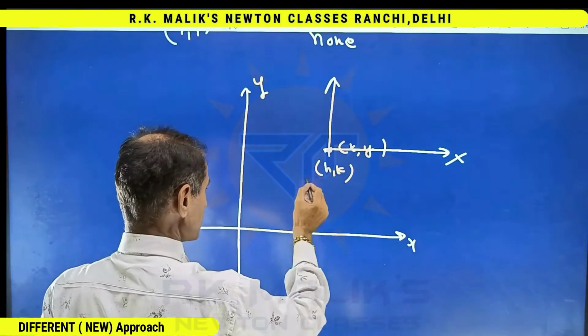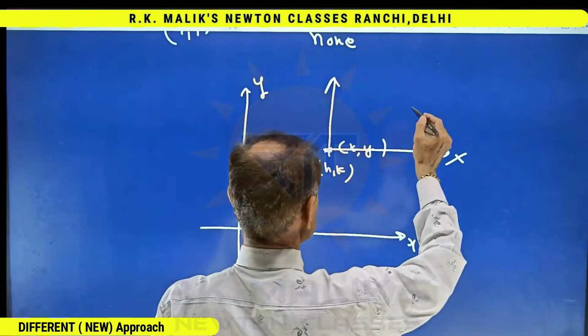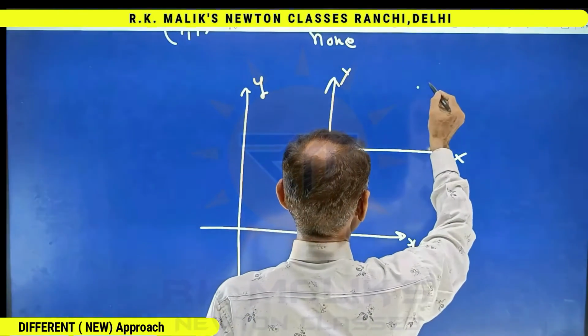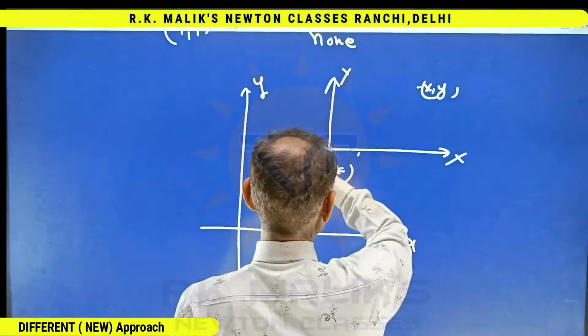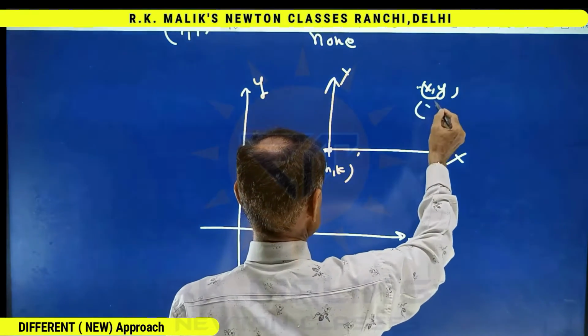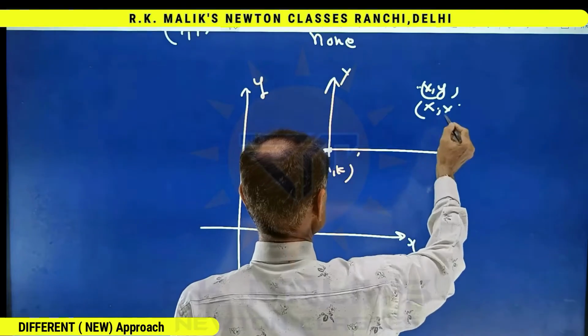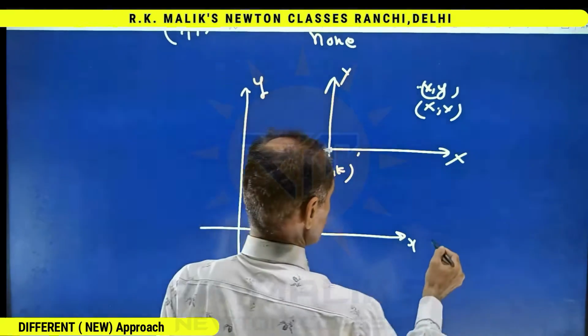The same point is (h, k) with respect to these axes. And if the coordinates of some point are (x, y) according to the old x-axis, y-axis, and the same point is (X, Y) with respect to the new x-axis, y-axis.